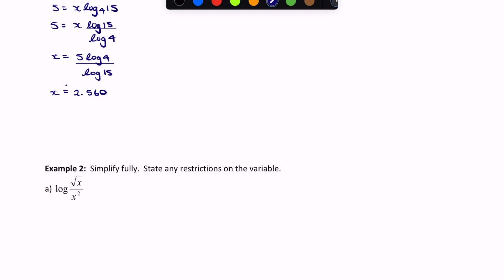The first thing we want to do is look to see if there are any restrictions that occur here. So we see that square root x over x squared has to be greater than 0.